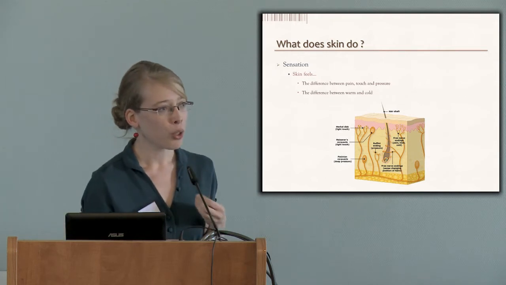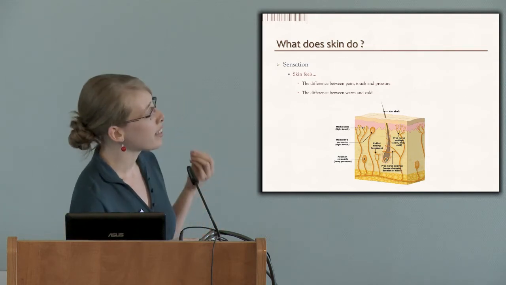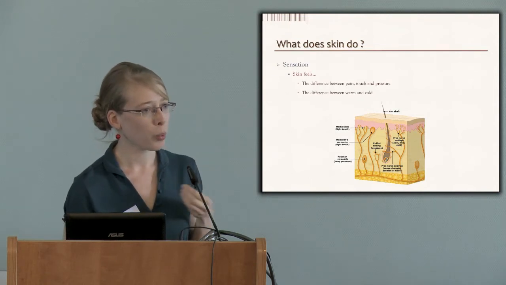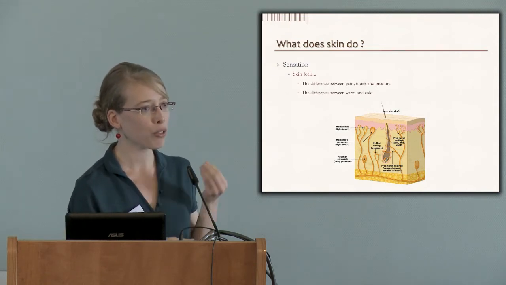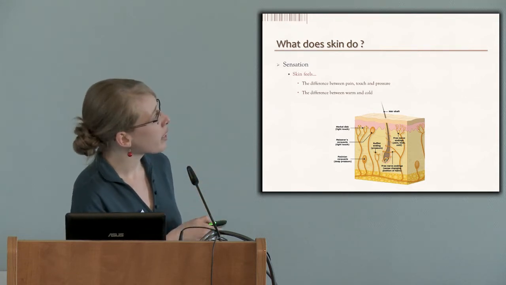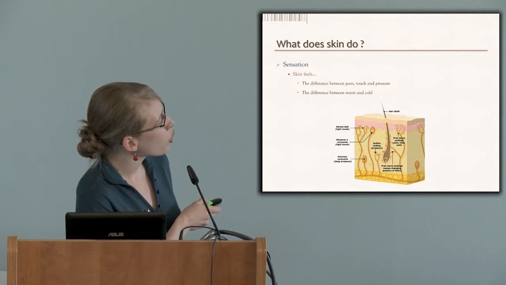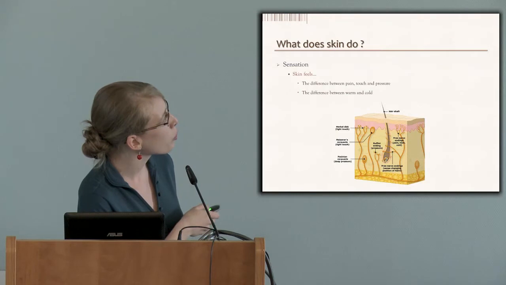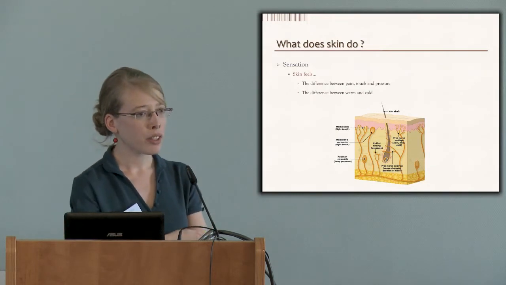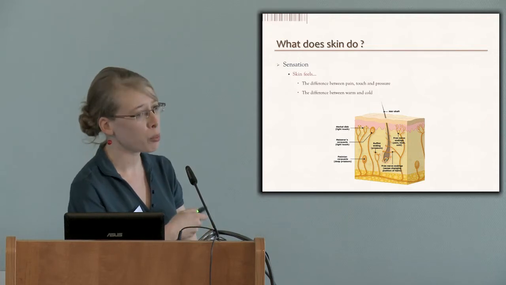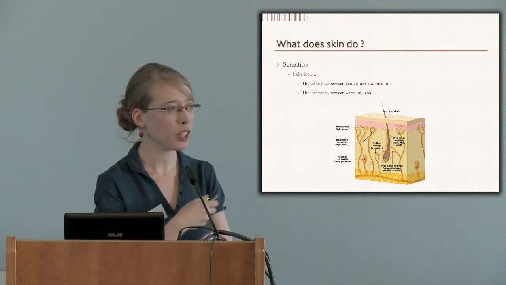One main feature of protection is sensation. The skin can interact with the world around us, can feel what is happening in the world around us, and it does this by receptors that are present underlying the first layer, underlying the epidermis. So that we can differentiate between touch, pressure, pain, warm, and cold.